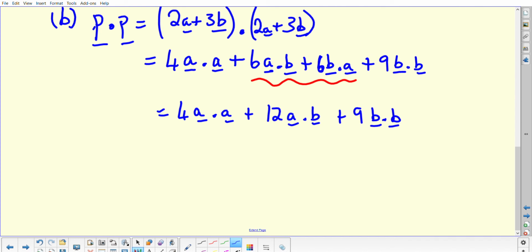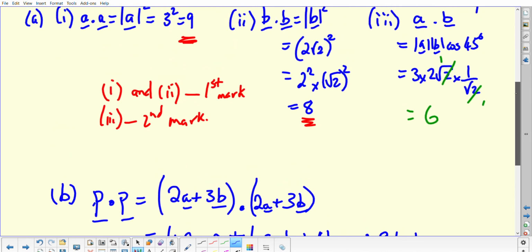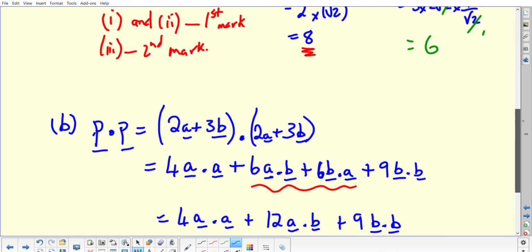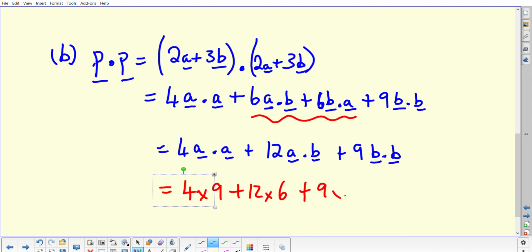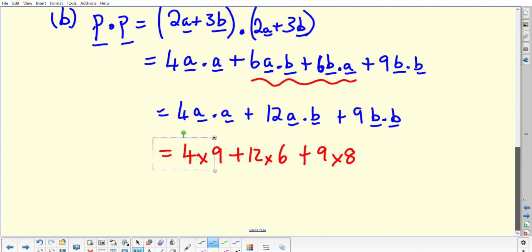Now notice that our answers in part A allow us to just write down that a dot a was equal to 9, so we just simply need to do 4 times 9, and your a dot b was equal to 6, so we just need to do 12 times 2, and your b dot b was equal to 8, so we just need to do 9 times 8.